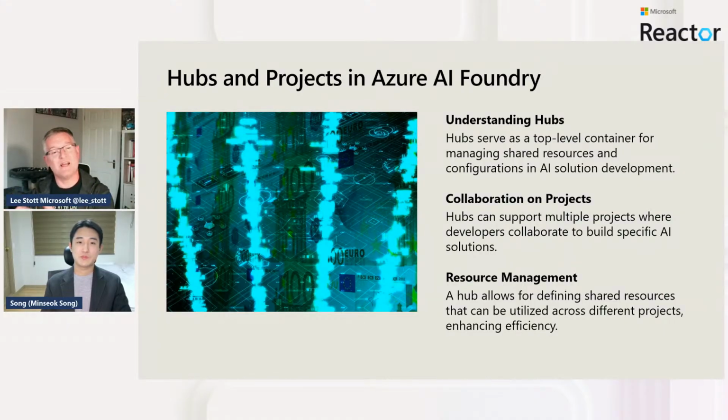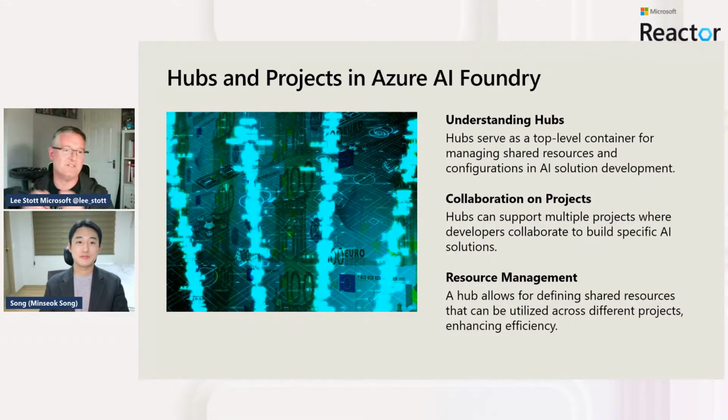Because we're moving to an AI solution which could be multifaceted, so there could be different team members, there could be different groups working on this, we've moved to what we call the hub and project model. So imagine a hub as the top level organization resource. So if you're at university or an organization, this is your home institution or home organization. It's a top level container.